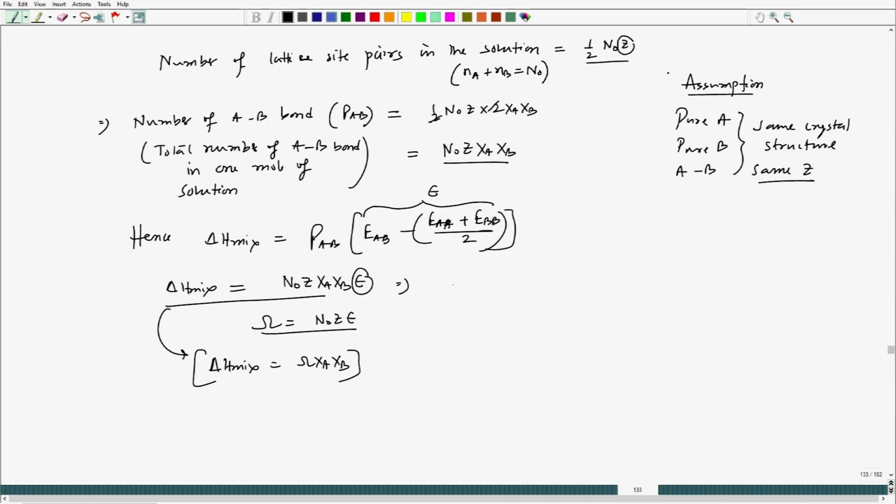So, this tells us that this is a function of Z, XA, XB, EAB, EAA and EBB. Fine. We take the Avogadro number because we are talking about 1 mole of substance.